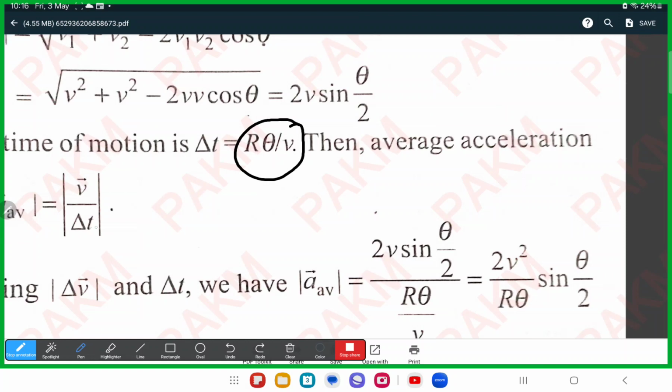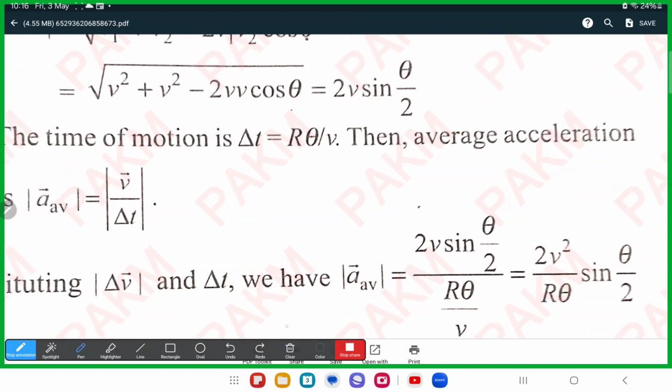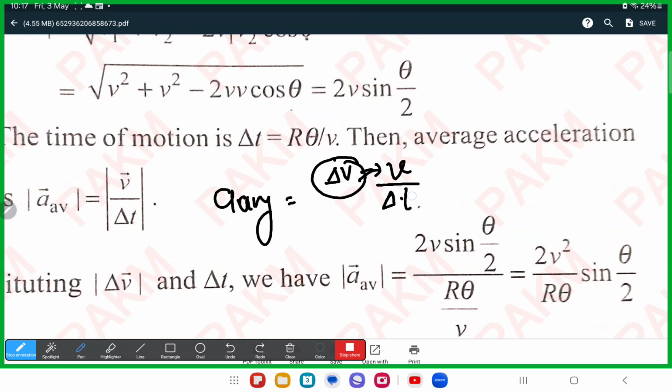Now for average acceleration, average acceleration means the total velocity change, the average, divided by the time taken. So we only have to substitute these two values.